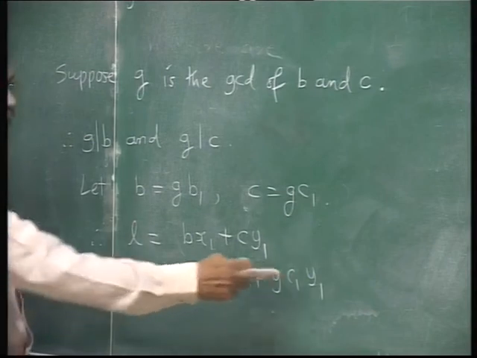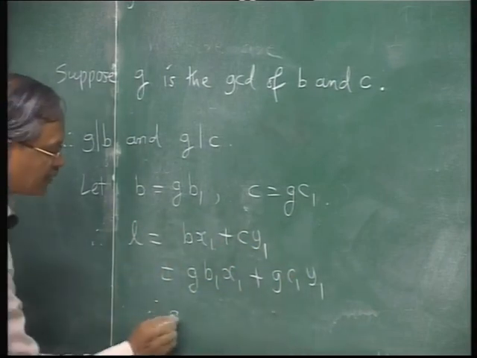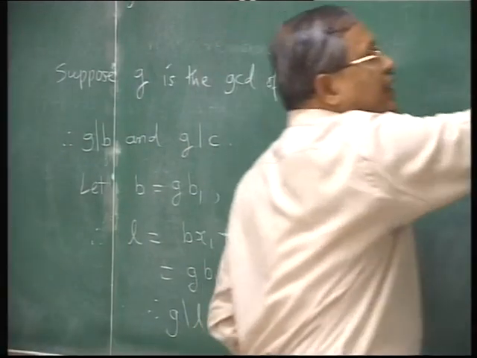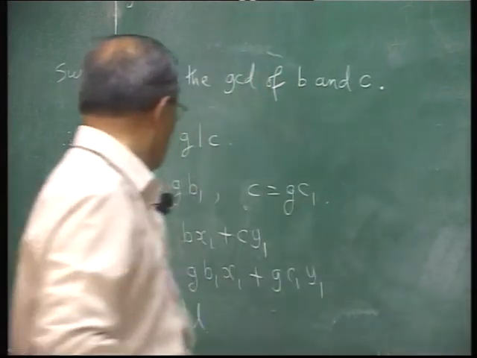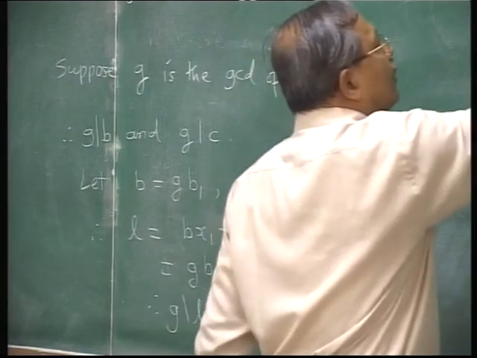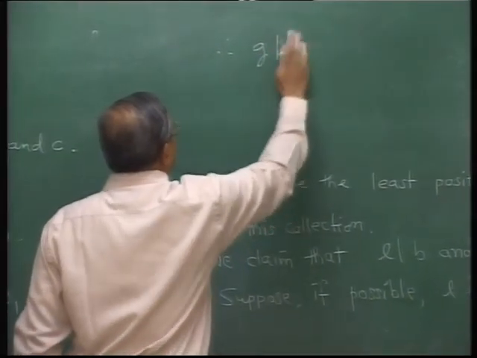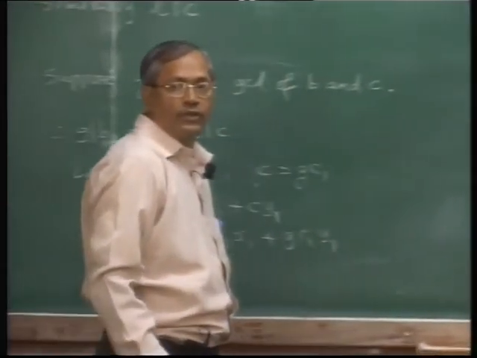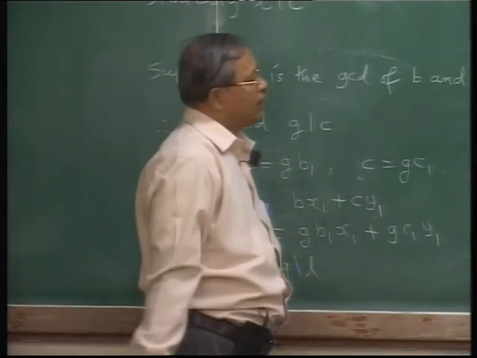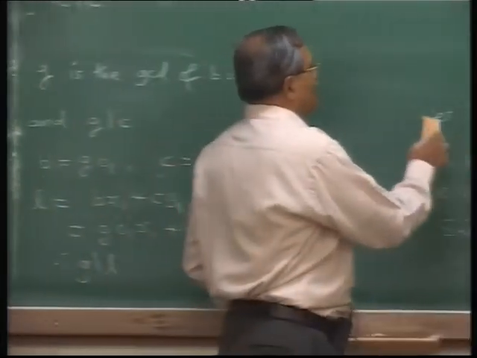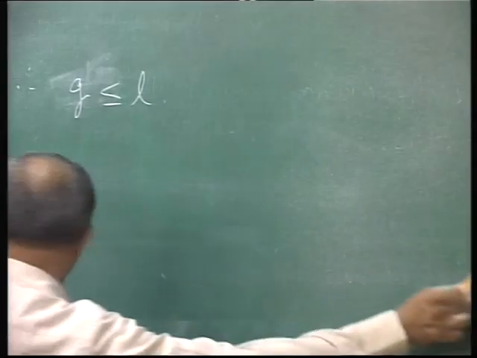And so it is G into something. And therefore G divides L. And G divides L would mean that G is less than or equal to L, because G is the greatest common divisor and L is a positive divisor.